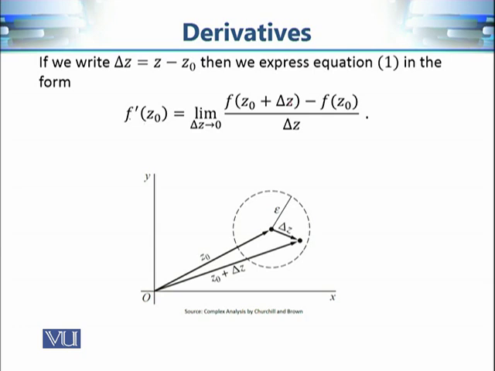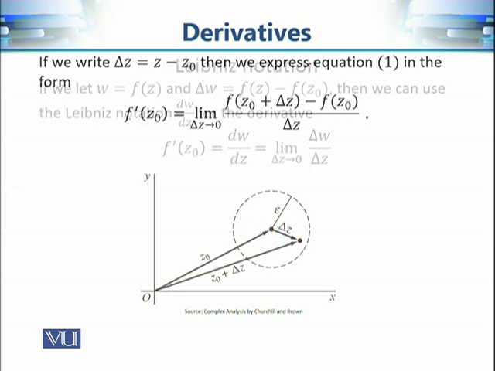Now over here, this delta z is basically a complex number, and when we say delta z is approaching 0, then it means that we are approaching this z0 along some path. So this is the interpretation for the second definition, and essentially both interpretations are the same.